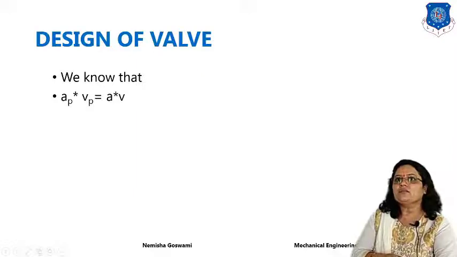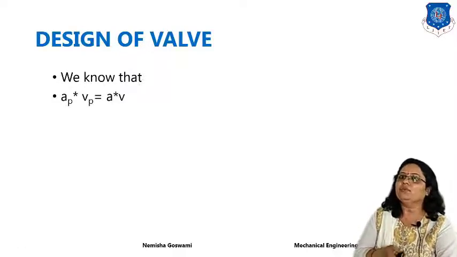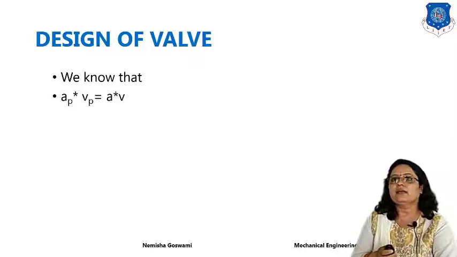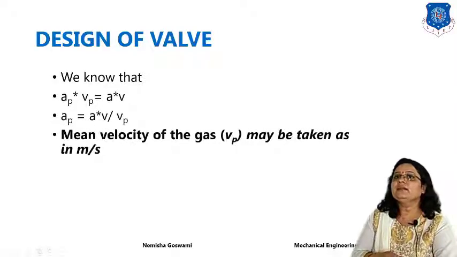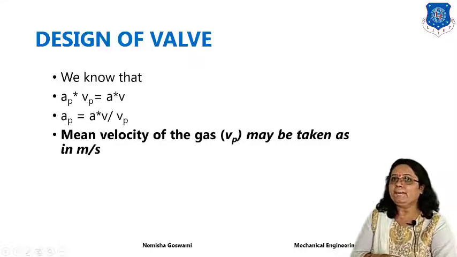So the discharge for the port, A_P times v_P, is equal to the discharge in the piston, which is area into velocity, in meter cube per second or mm cube per second, whichever standard dimension you take. By using this fundamental, we can find out A_P.